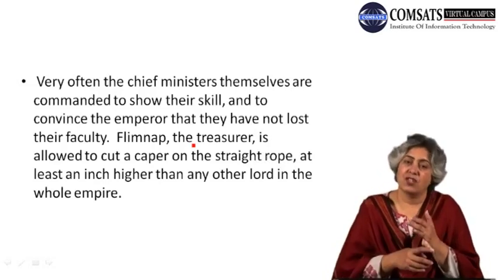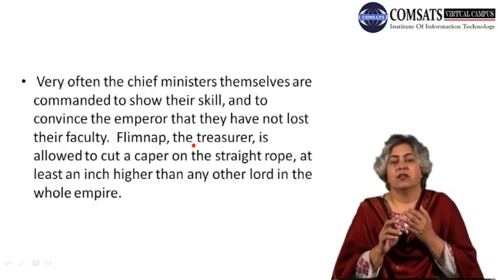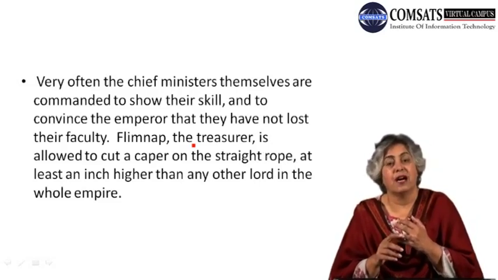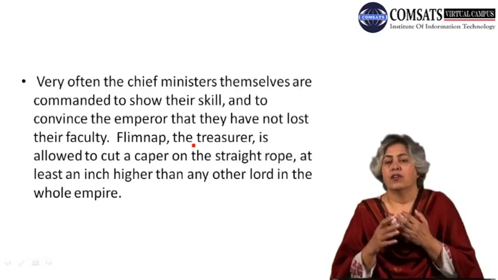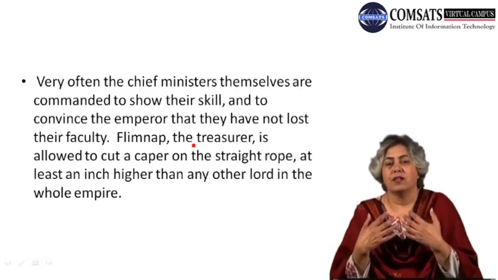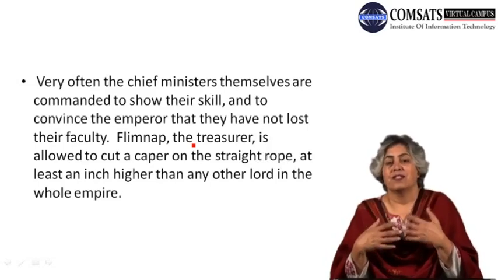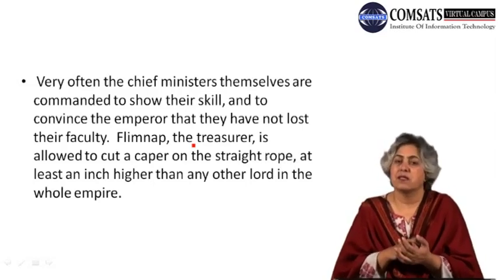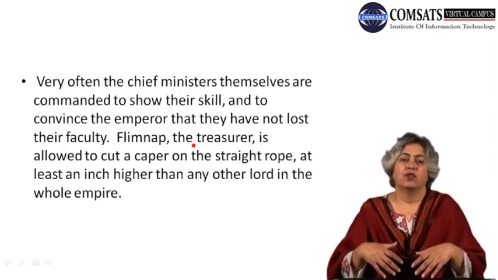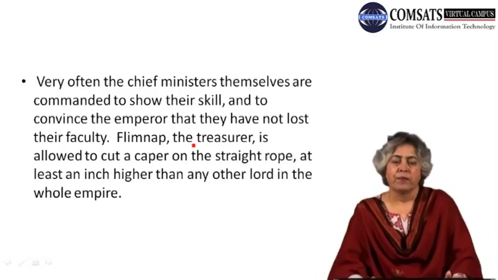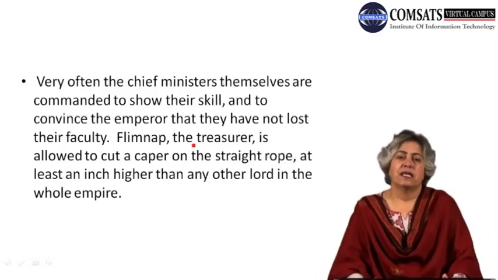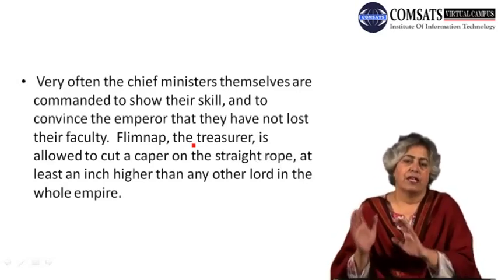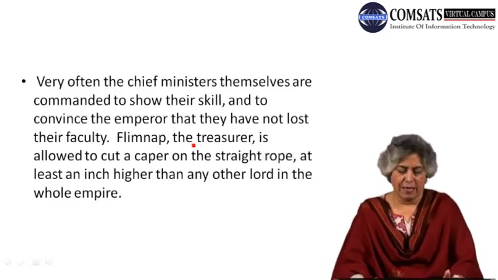For example, that of the treasurer or that of the commander of the guards. Even if you are going to be employed as a chef or a cook, you need the required qualification. Rope dancing is not going to help you cook great meals for the emperor, but that is the criterion that the Lilliputian emperor has for selection to the highest offices in the land.